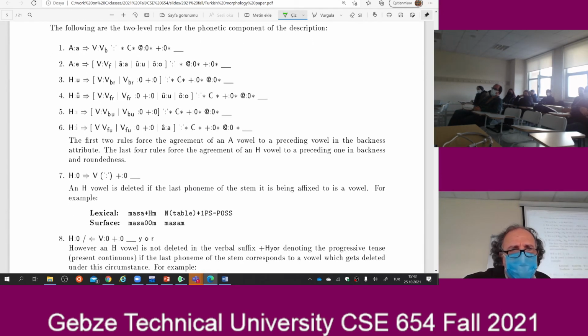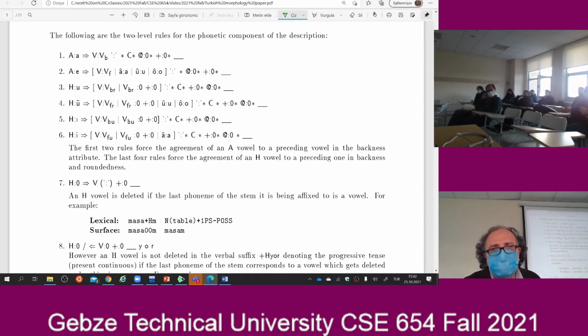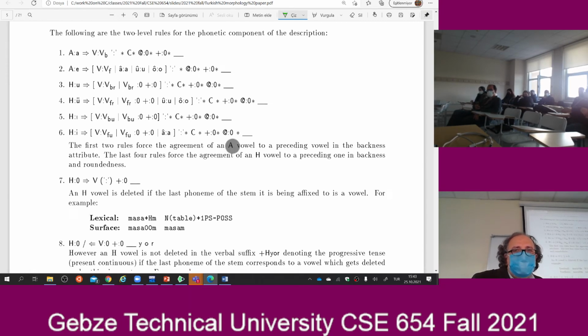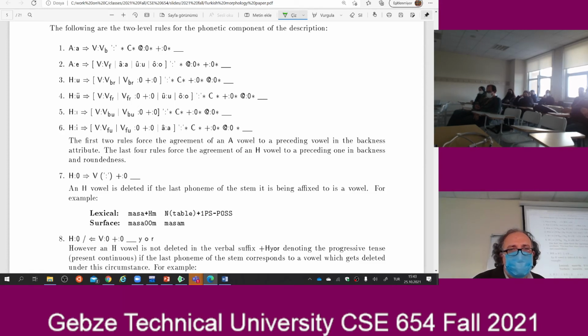The first two rules force the agreement of an A vowel to the preceding vowel in the backness attribute. Backness attribute is the back side of your tongue attribute. Büyük ünlü uyumu, büyük sesli uyumu, again. When you say kitaba, kitap, kitap is not a Turkish word. Anaya, right? Babaya, because the previous vowel is a back vowel, then you have to repeat the back vowel again. Anaya, kitaba, babaya.